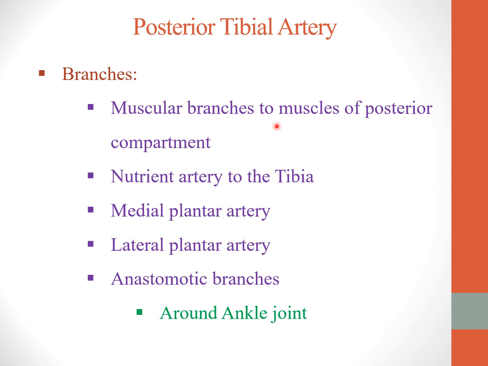And regarding the posterior tibial, muscular branches to the muscles of the posterior compartment, nutrient artery to the tibia. So directly the posterior tibial artery supplies the tibia, and through the peroneal branch the fibula. And terminal branches are medial and lateral plantar arteries, and anastomotic branches around the ankle joint.